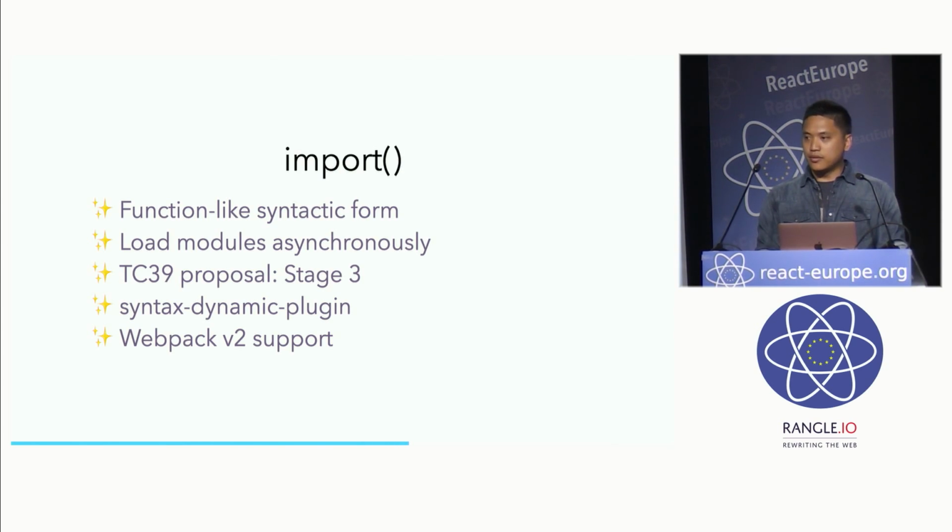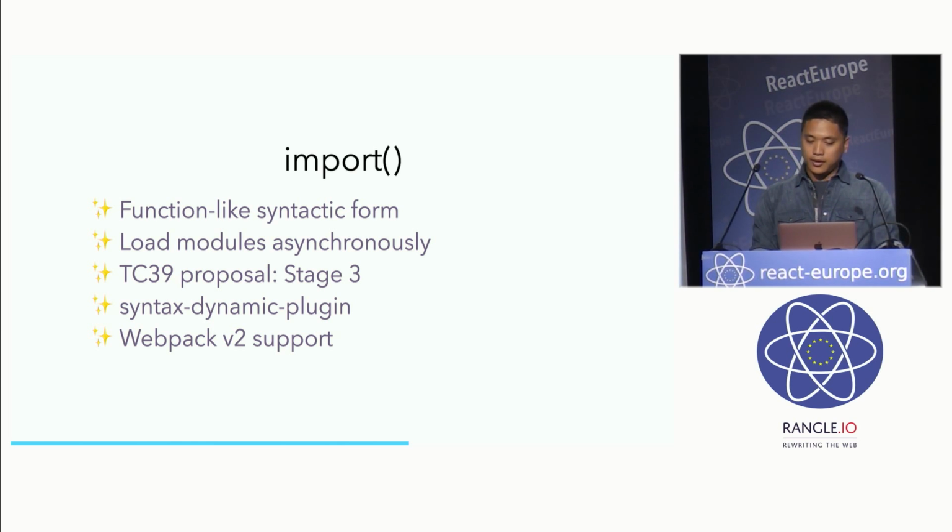There's this thing called dynamic import. Dynamic import is a function-like syntactic form to load modules asynchronously. This means import returns a promise of your module. It's currently a TC39 proposal at stage 3. If you want to use this now, you can use it with Babel, with the dynamic import syntax plugin.